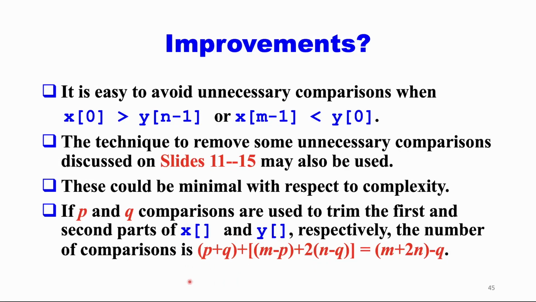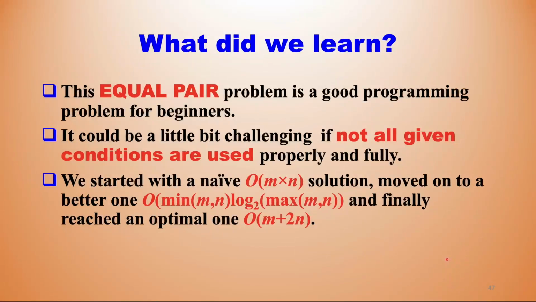We have to add this P plus Q back. The number of comparisons here is still M plus 2N, meaning cutting the first section of X doesn't make much improvement. Let's have a summary.